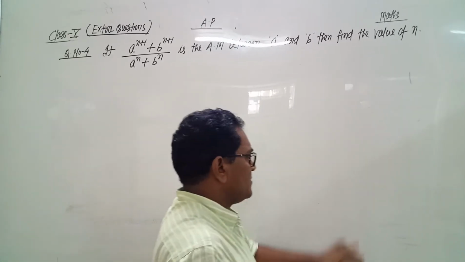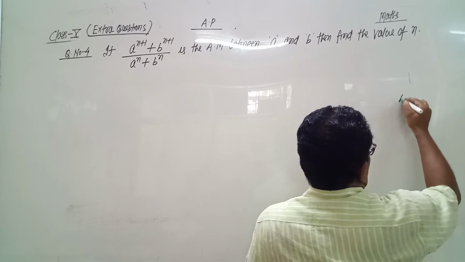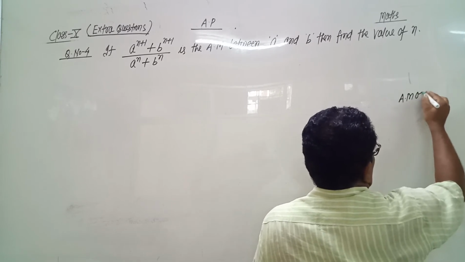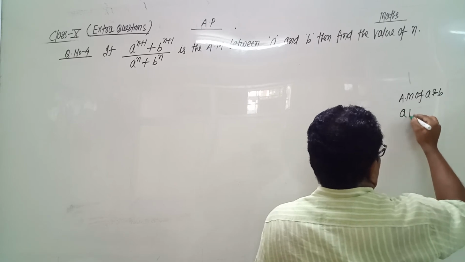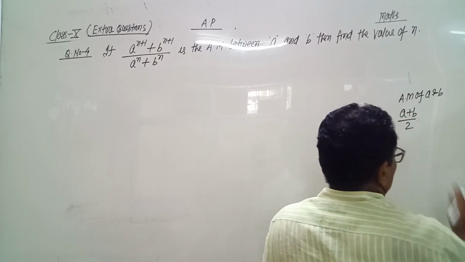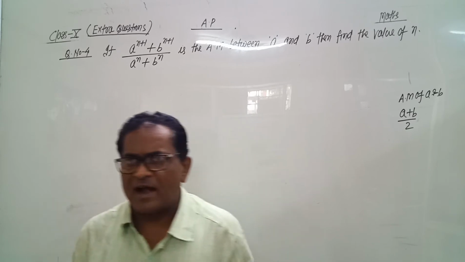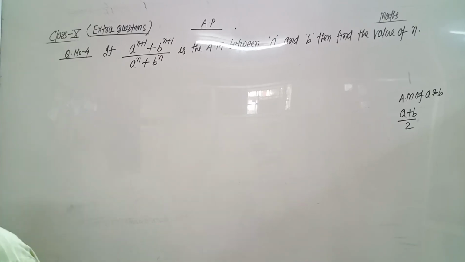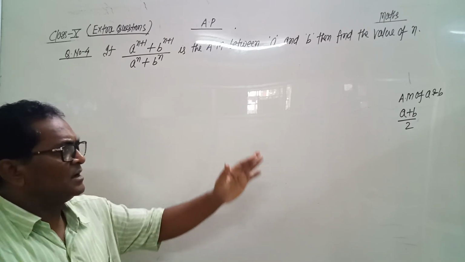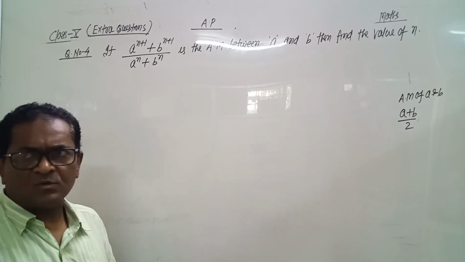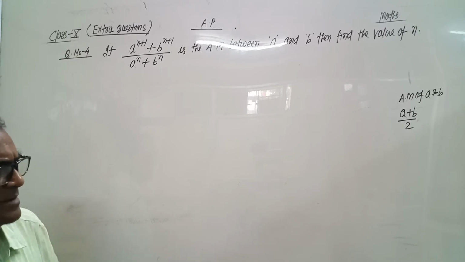So the arithmetic mean of two numbers a and b is given by a plus b by 2. This is the way to find the mean or arithmetic mean. We add the numbers and divide by how many there are. So there are two numbers a and b, so divided by 2.